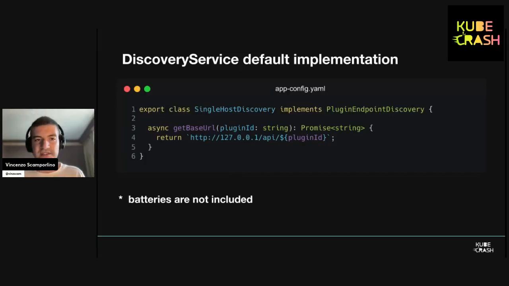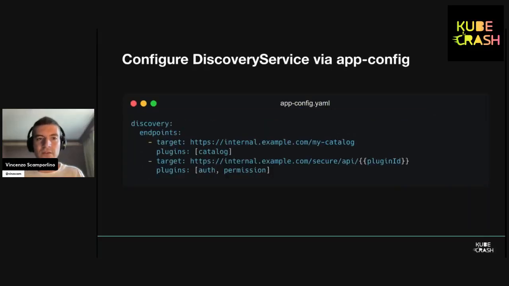But actually, there is an easier way. This is something we released less than a year ago. In case the addresses of your plugins don't change and are static, you can configure your Discovery Service using app-config by defining different targets directly in app-config. In this example, I've defined a target for the catalog plugin and another target for the auth and permission plugins.